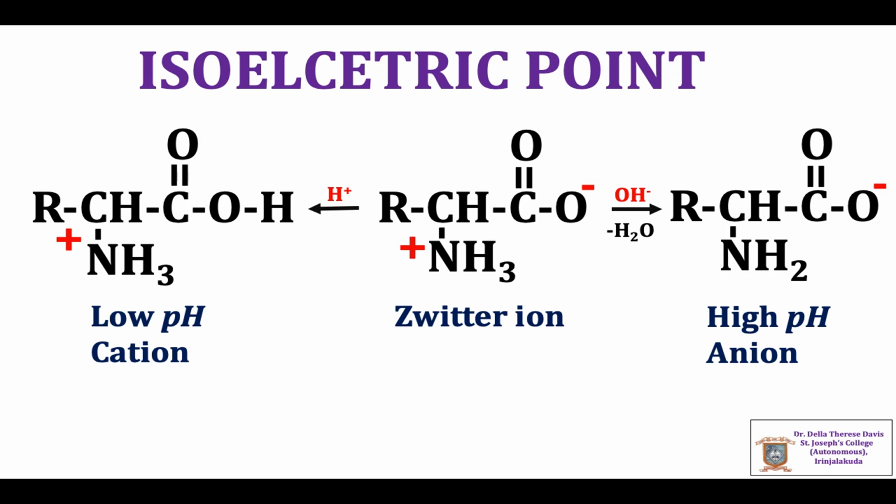So for each amino acid, there is an intermediate pH at which the amino acid will exist as a zwitter ion and carries no net charge. The positive charge on nitrogen is cancelled by the negative charge on the carboxylic acid group. And this particular pH for an amino acid is defined as the isoelectric point of that amino acid.